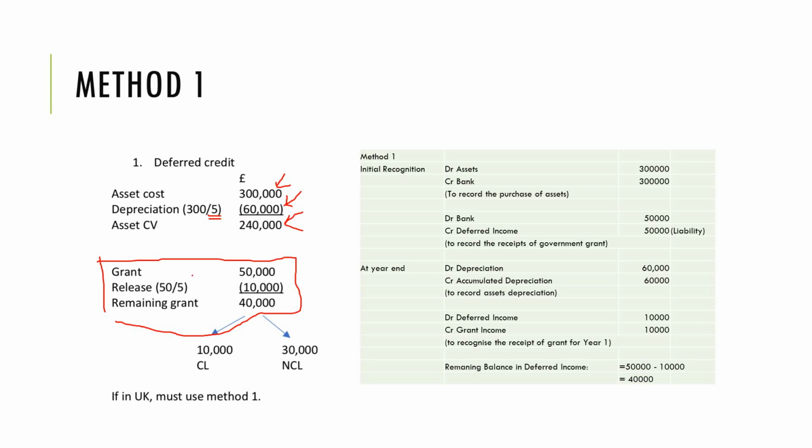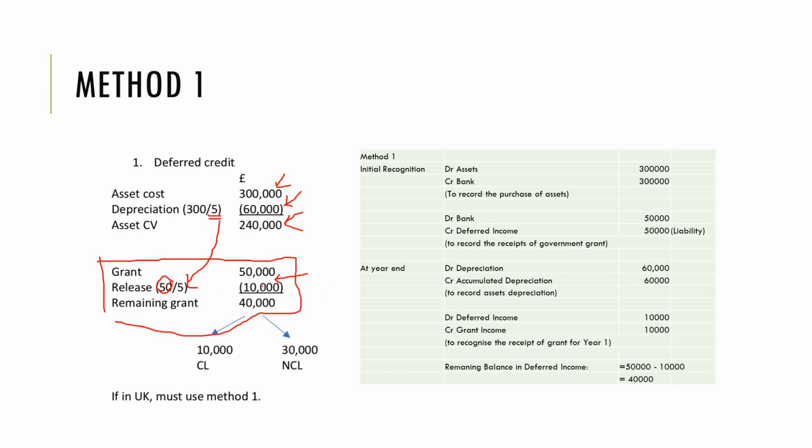Amortized meaning that you take the whole 50,000, the amount that we receive from the government, and divide by the useful life of this asset. So every year we have to recognize a grant of 10,000.